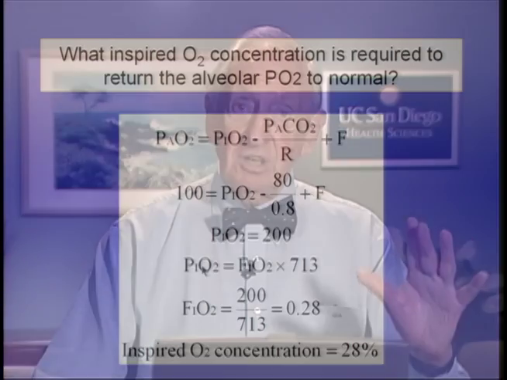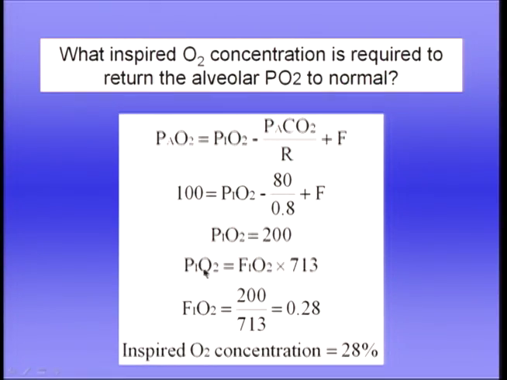How do we get an inspired PO2 of 200? Well, we use the equation that we've already talked about, that the PO2 is the fractional concentration times 713, because remember, we're dealing with moist inspired gas, so we have to subtract the 47 from the 760 millimeters of mercury, giving us 713. So now we simply solve that equation.